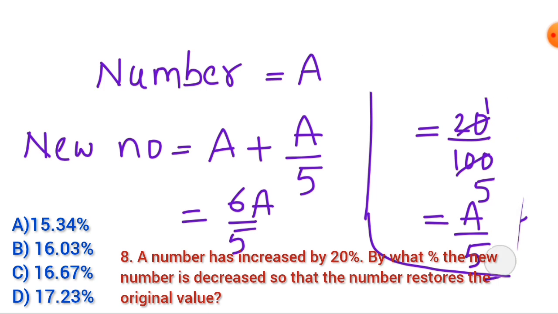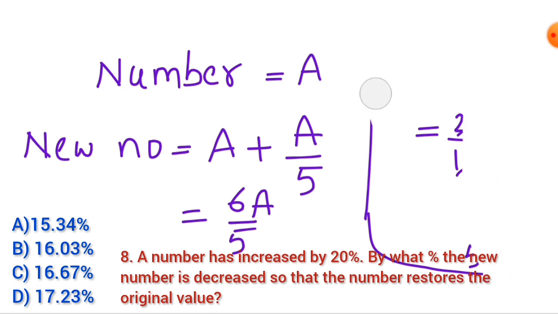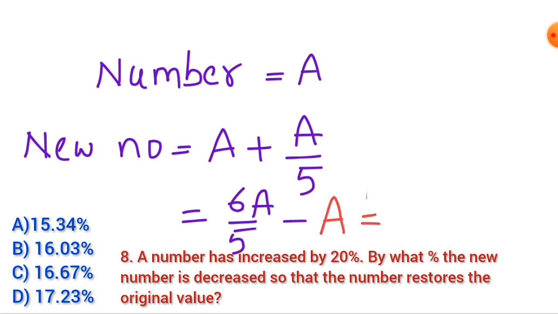So for this new number, you need to find out what percentage of the new number is decreased so that the number restores the original value. That means you need to subtract the original number, which is A. After taking LCM, you will get A over 5. This is the number. Now we need to find it in percentage.